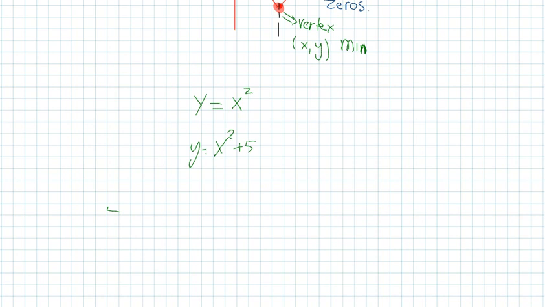Do we understand what I'm trying to say here? So let's look at the parent. y equals x squared is the basis, the original copy. It's the first copy, the 1.0 copy. Not transformed. So everything that we compare, all the other quadratics, we always compare to this.